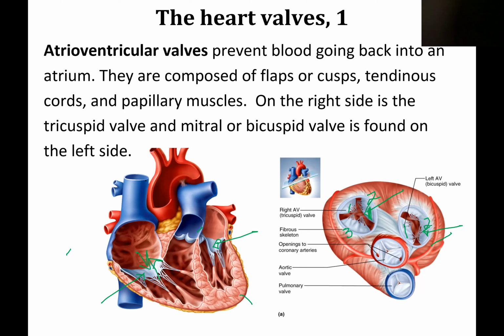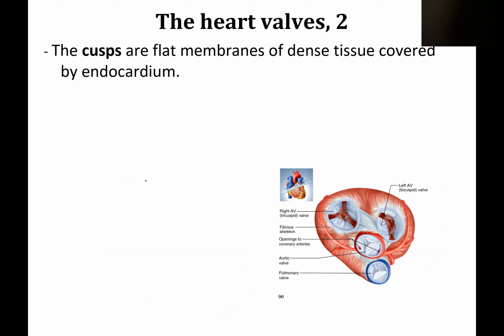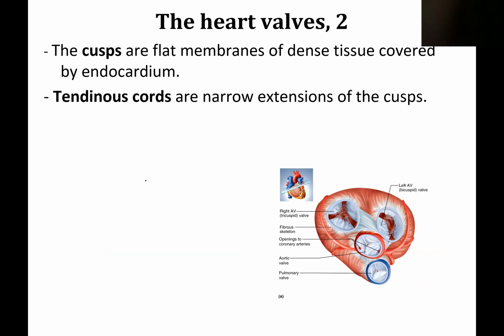Okay, the different components of the atrioventricular valves include the cusps, which are flat membranes of dense tissue covered with the endocardium. The tendinous cords, or chordae tendineae, are narrow extensions of those cusps.